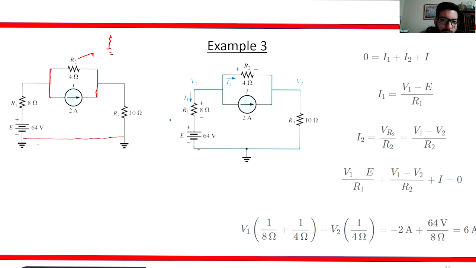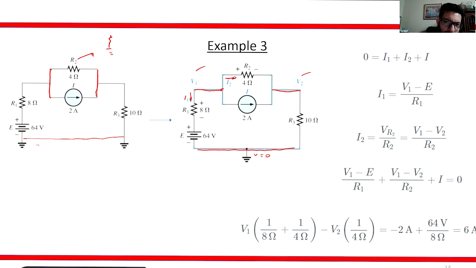Okay, so in that case, we simply set up our voltages and currents. The first thing is pretty simple: this is always going to be our reference, V equals 0, or ground. Then we're going to have a voltage potential here and a different potential here, V1 and V2. So we need an equation for V1 and an equation for V2. The first thing is realizing I1 and I2: I2 is right here and I1 is right here.